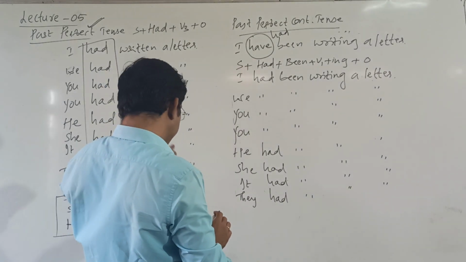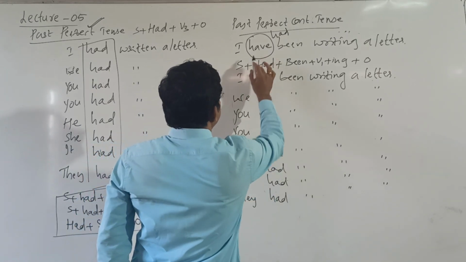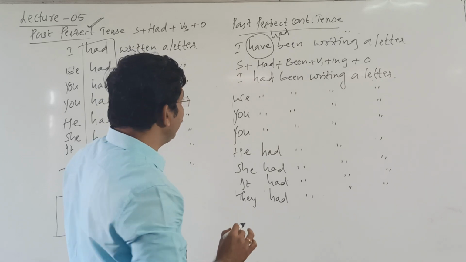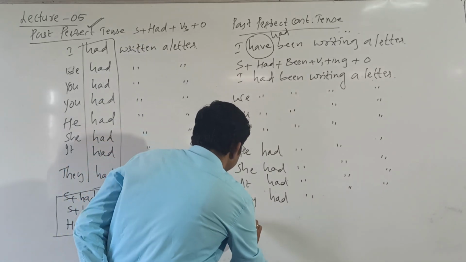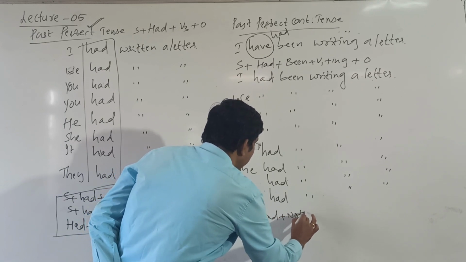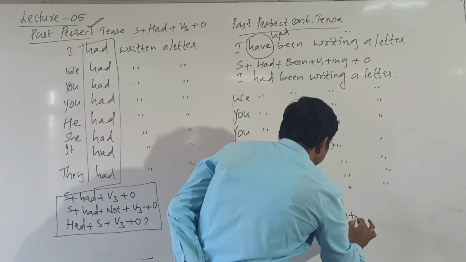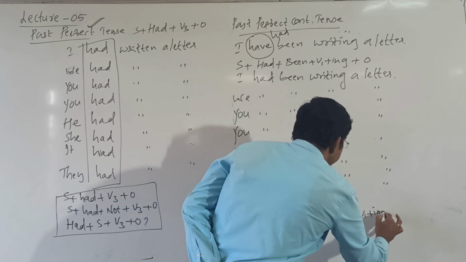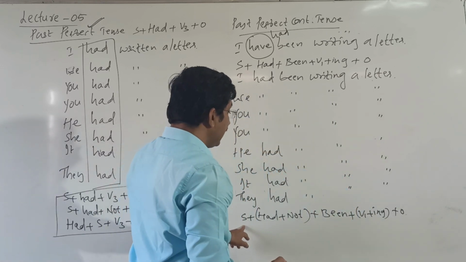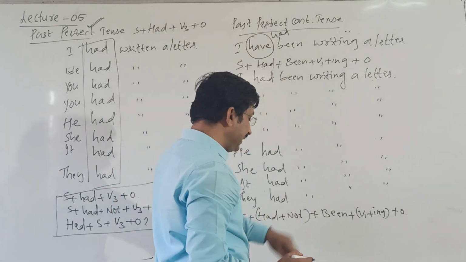Then the structures. In negative, what is the negative? Adding not with the helping verb, that is subject plus had plus not plus been plus V1 plus ing plus object. I hadn't been writing a letter. She hadn't been writing a letter.